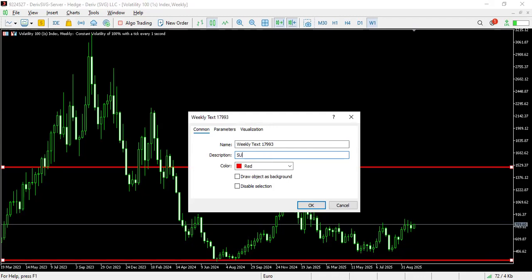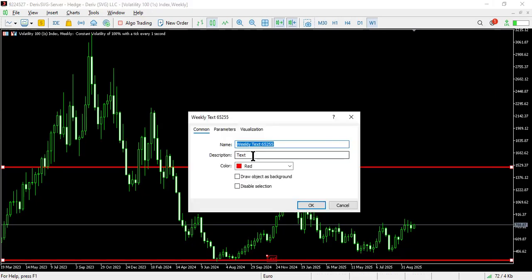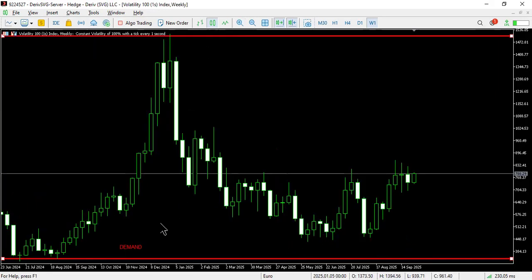So we have our supply, and then we have our demand right here. So that is our demand level. And as you can see, price is in between supply and the demand. It's not yet at this demand.